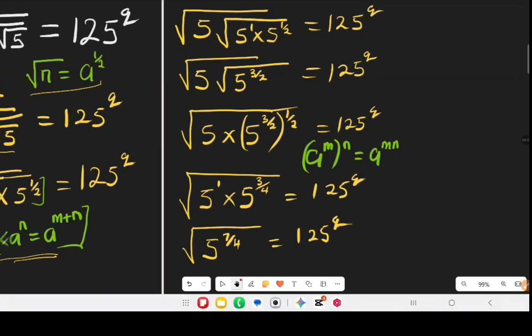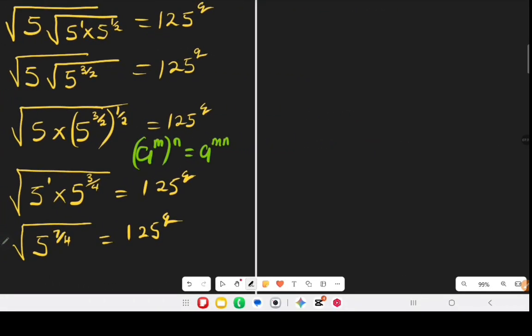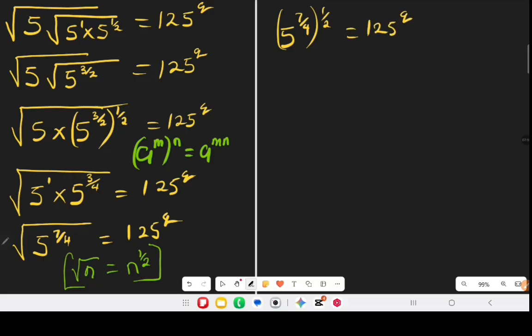Then if we continue, we apply another law of indices, changing root to power, which we have used before. Whenever we have root of n, it is the same thing as n raised to the power of 1 over 2. So this will change to 5 raised to the power of 7 over 4, all raised to the power of 1 over 2, equals 125 raised to the power of q.